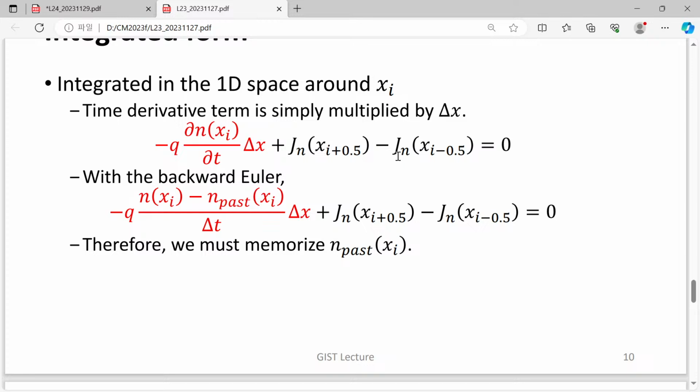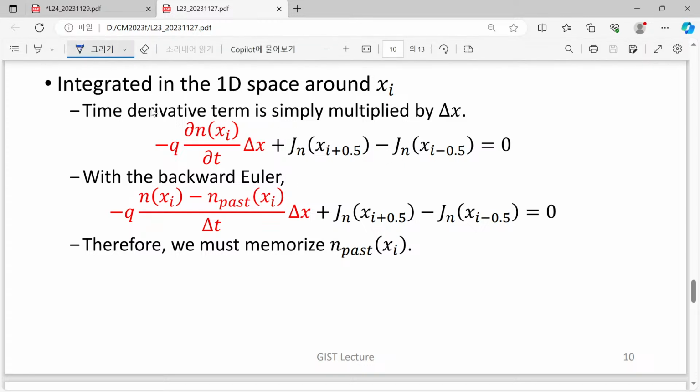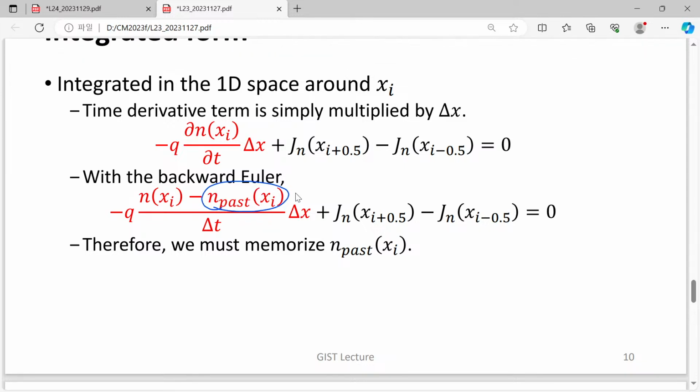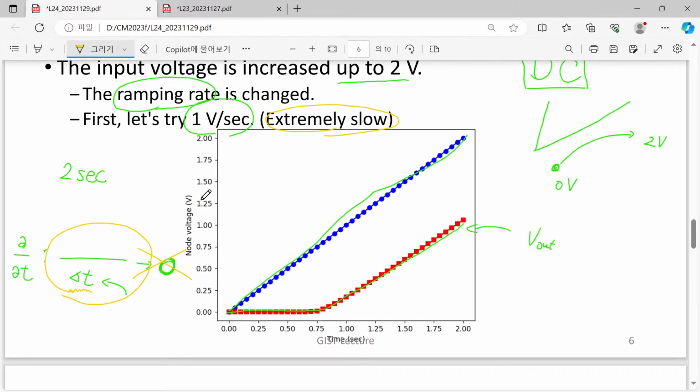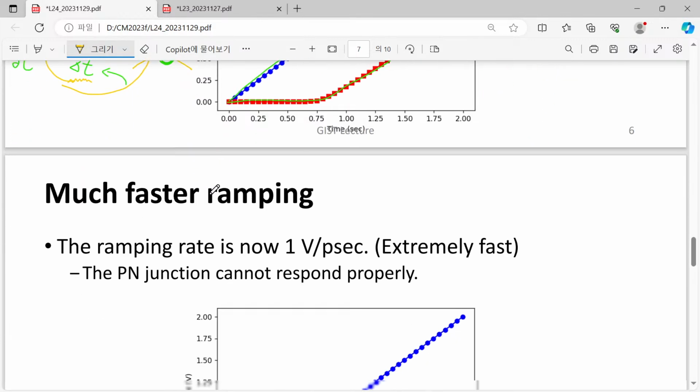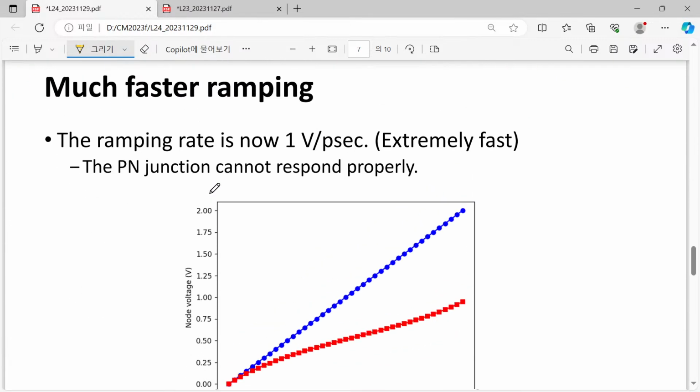Please note once again that this one is the past electron density, and it is not included in our unknown variables. So it is just regarded as a constant value. Then when you implement it, you can have this kind of behavior.